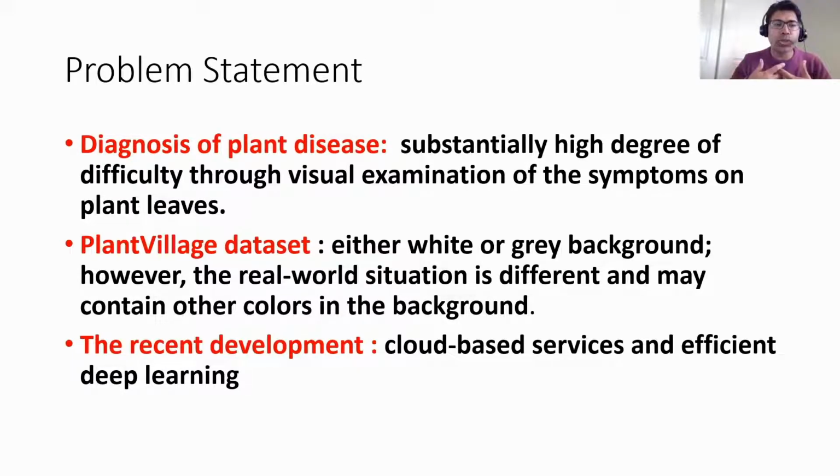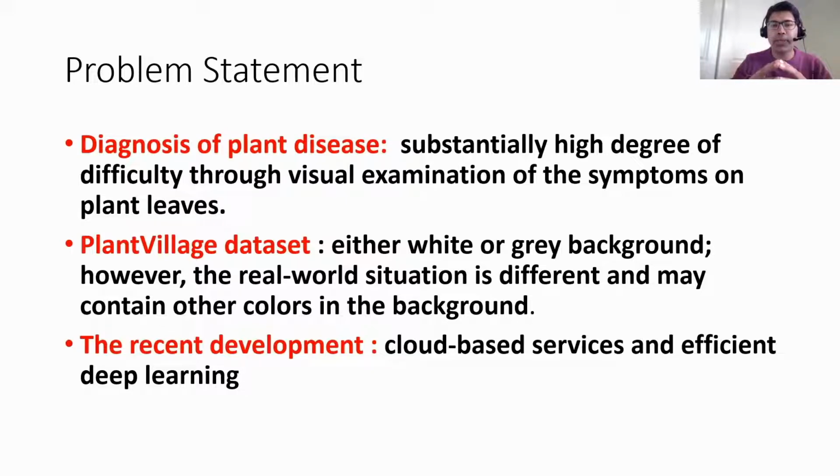There are some huge datasets available, called the PlantVillage dataset, which has many different images of leaves, but usually all of these images have an artificial background, like white or gray. The idea is that if we want to do diagnosis in our environment, that wouldn't be the same.